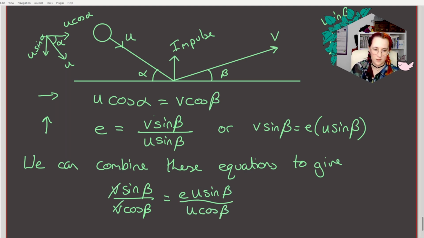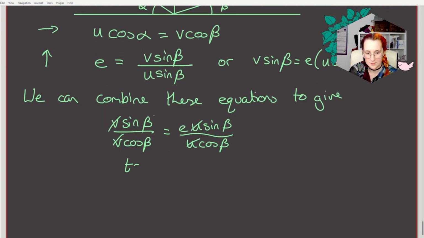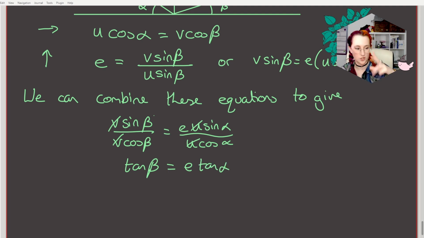V divided by V cancels, U divided by U cancels, and what we get is tan of beta is E tan of alpha. So we get this one equation relating the angles and the coefficient of restitution. So that's nice.